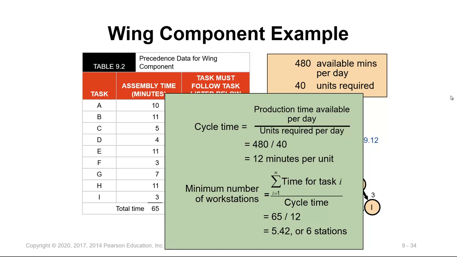Dividing 480 by 40 will result in 12 minutes as the time required to produce each unit, and this is what's called the cycle time. Dividing the total time of activities by the cycle time, we will get the number of stations required to produce the daily required amount, which will be in this case 5.42, or we can round it up to 6 stations.